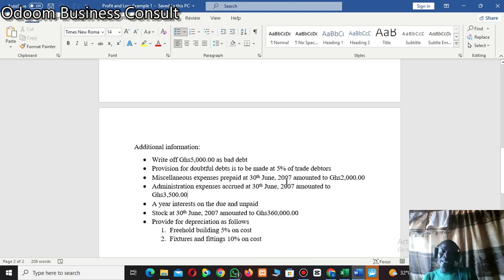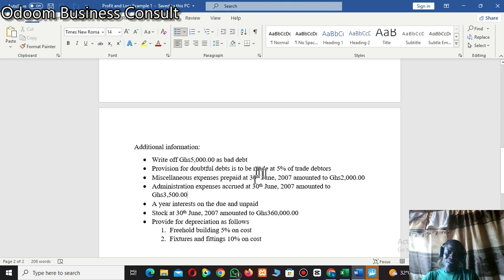Because we are at the end of the year, this amount is not part of this year's expenses, but rather the payment is made for the coming year's expenses, which is 2008, per the question that you are considering.